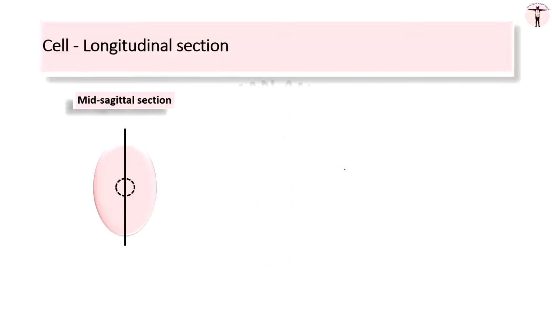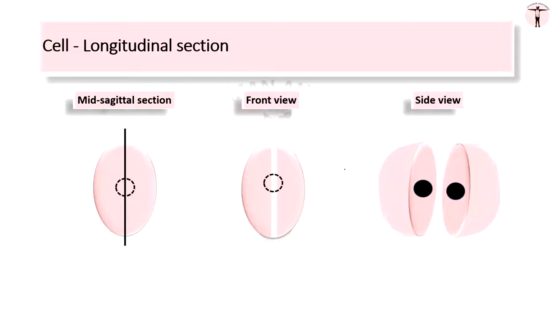When the plane of section goes through the midline of the cell longitudinally, you can see the cell is split in two equal halves. When you observe the split part of the cell from the side, the cytoplasm and the nucleus can be observed.